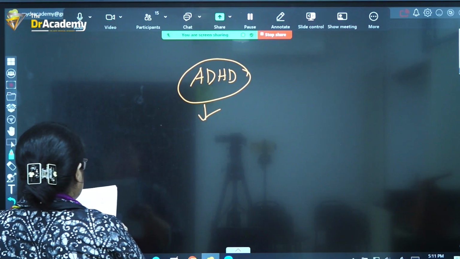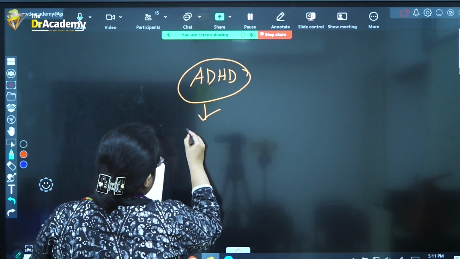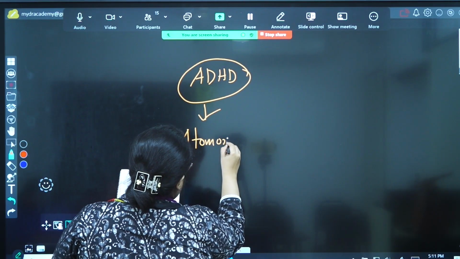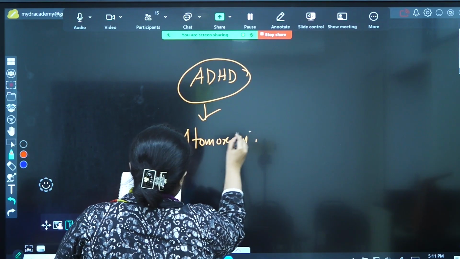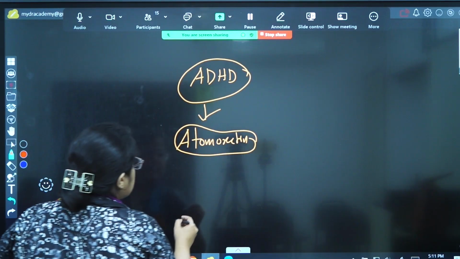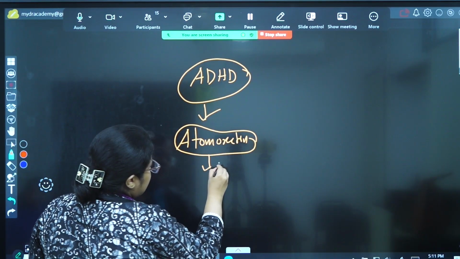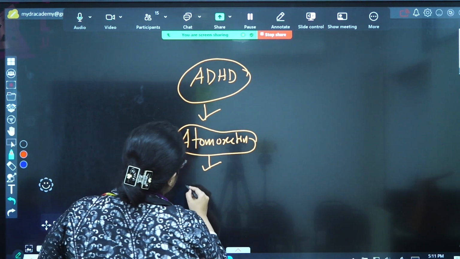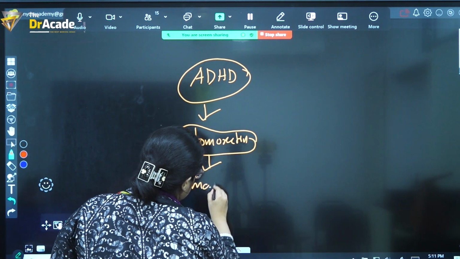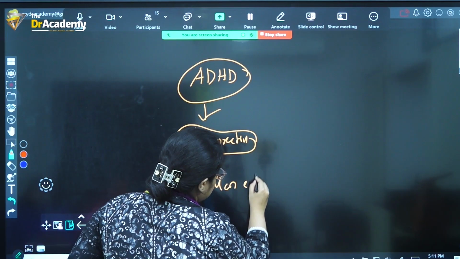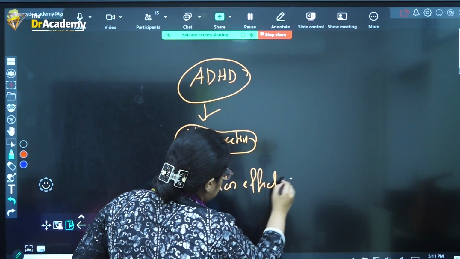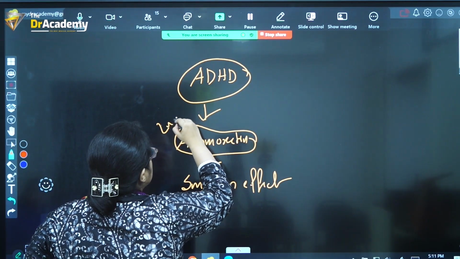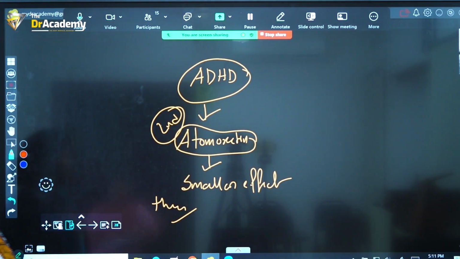The second line drug is atomoxetine. It has slightly smaller effect than methylphenidate, okay? As it is the second line, it has slightly smaller effect than the first line.